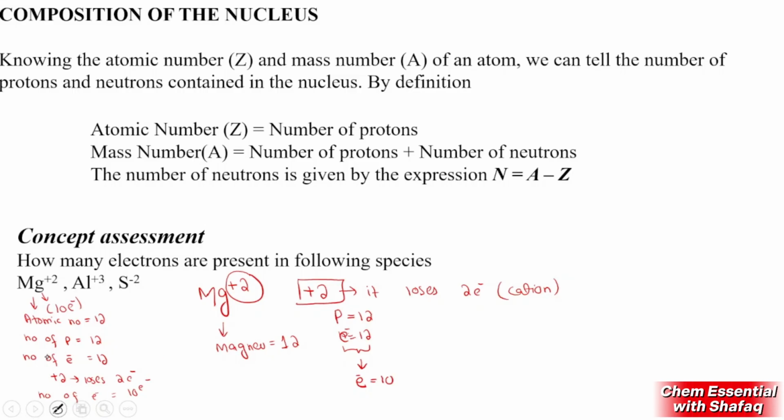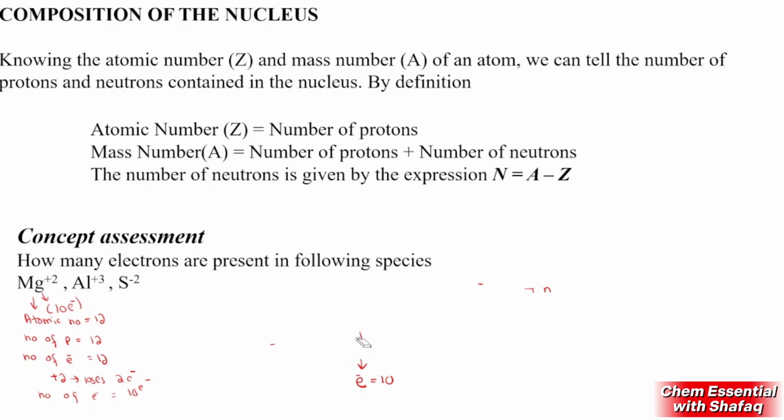Okay, now we will solve the other parts. The atomic number of aluminium is 13. If its atomic number is 13, then its number of protons is also 13, and its number of electrons is also 13.